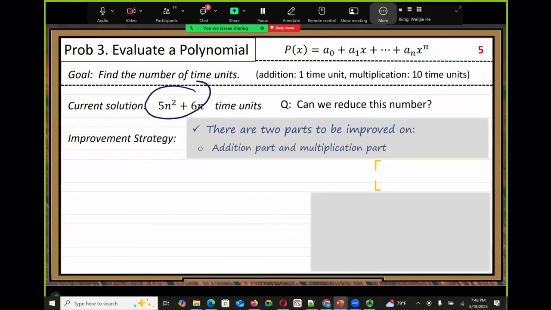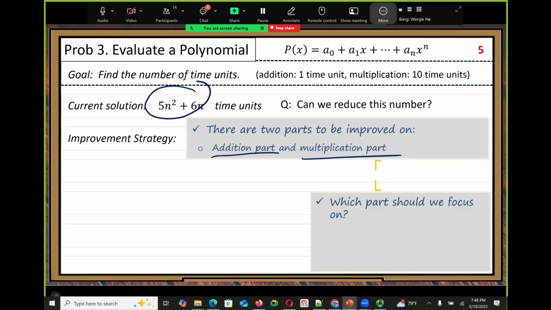So regarding the improvement, there are two parts. Which part should we focus on? If you have limited resource, then you need to put your resource in the most important part. Here, the addition part and the multiplication part: which one do you get the best reward?